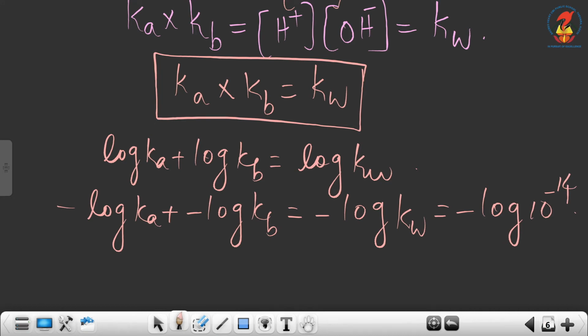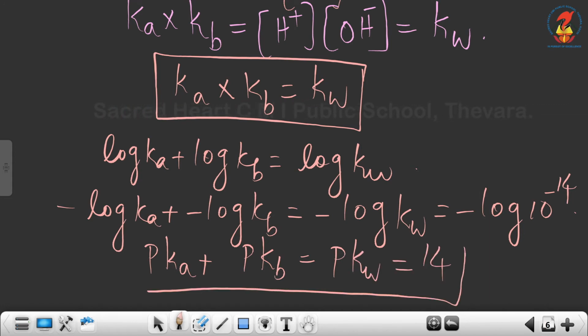Kw value at 25 degrees Celsius will be 10 raised to minus 14. So minus log Ka can be written as pKa, plus minus log Kb is pKb, is equal to pKw, which is equal to 14.